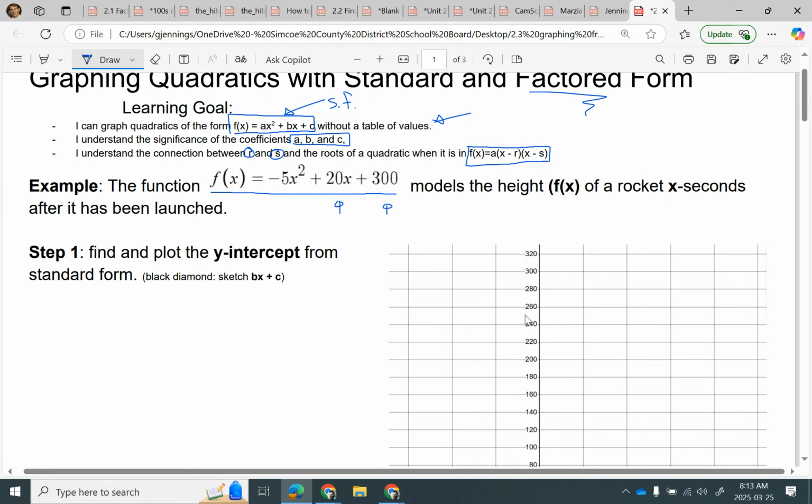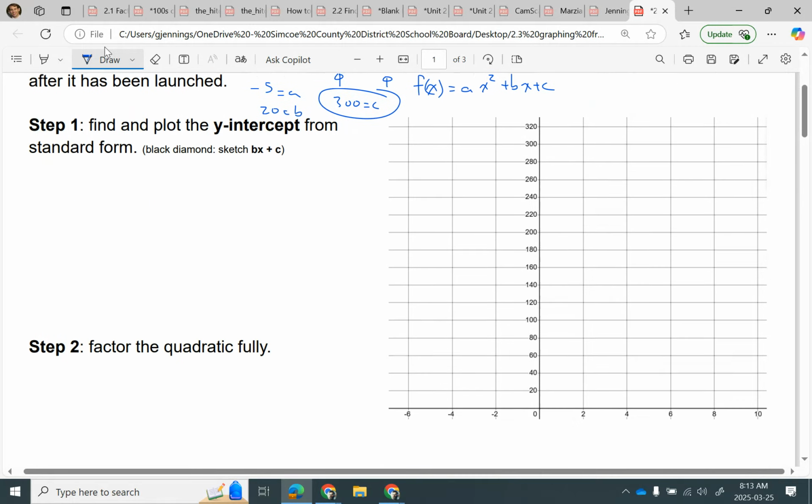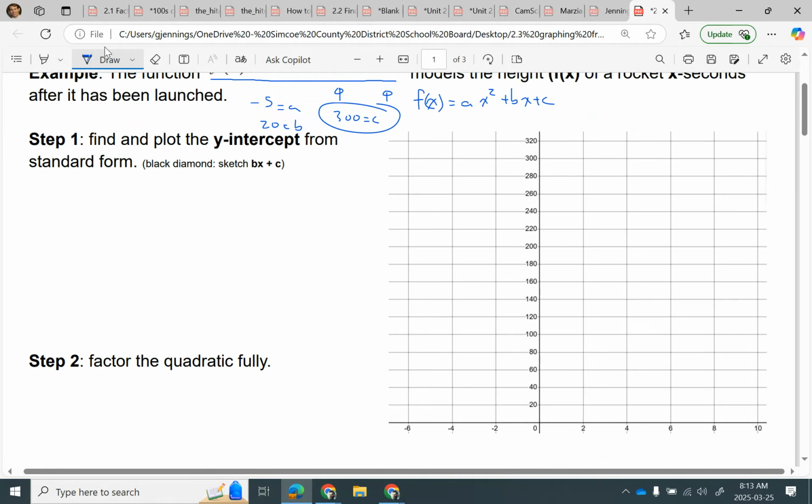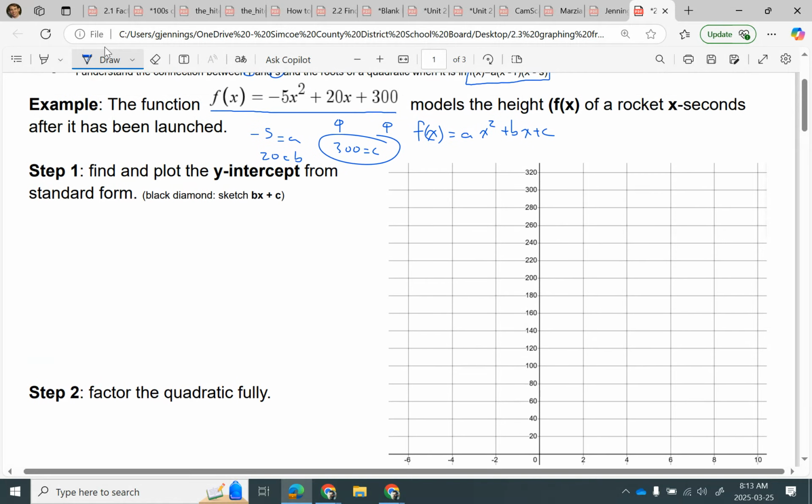If we think about that in terms of f of x equals ax squared plus bx plus c, then negative 5 is our a value, 20 is our b value, and 300 is our c value. So we want to graph this. We've been given the graph paper where we're going to do that and represent the height of this rocket.